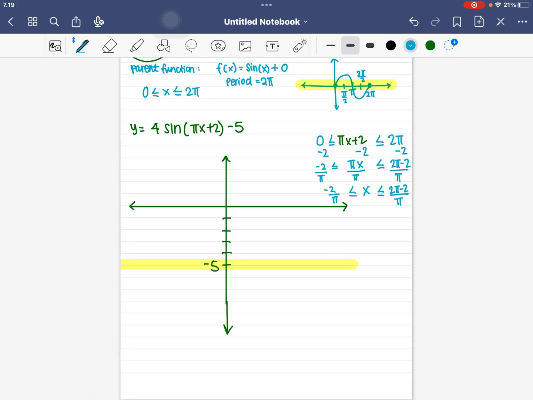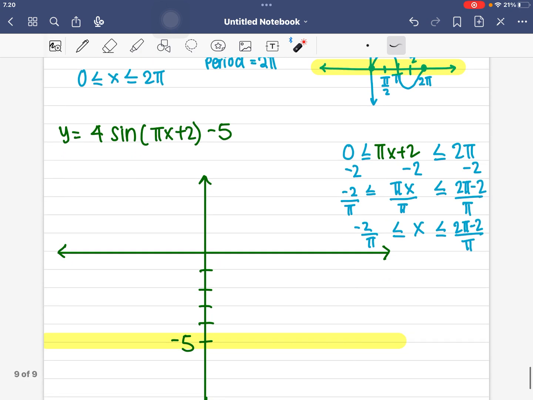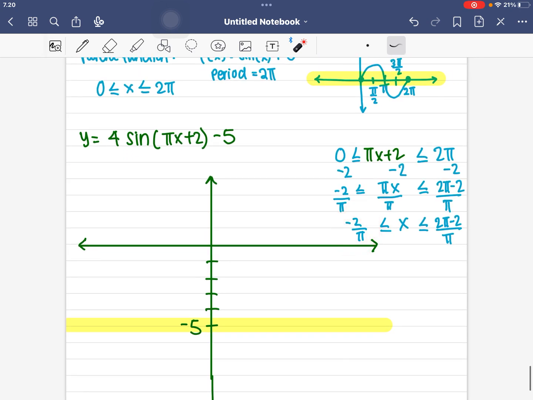Okay, so you actually already have 2 points here. This is what I'm talking about. So do y'all see how 0 and 2 pi, these are my endpoints of that cycle, right? So that means negative 2 over pi and 2 pi minus 2 over pi, those are my 2 endpoints in my cycle as well. So I'm going to approximate where negative 2 over pi is. It's going to be a small number, so this is not to scale here.